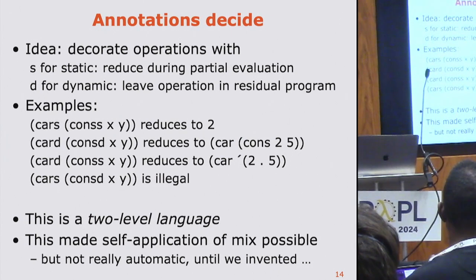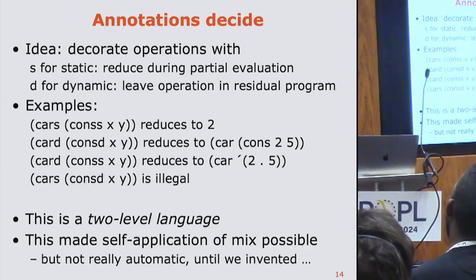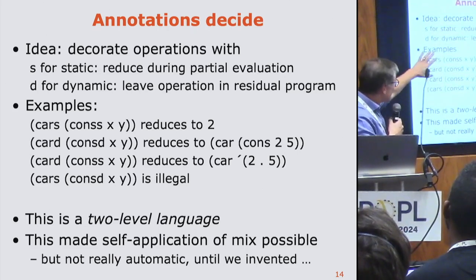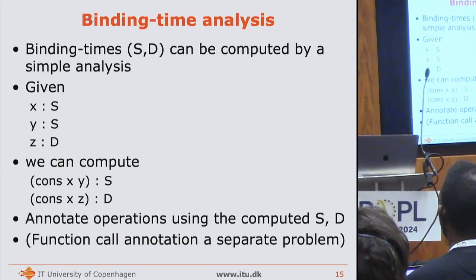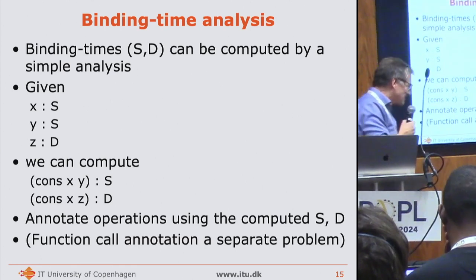And then a 2-level language was invented here, and that made self-application possible, and I'll try to explain why in a moment. The first thing was that this was cheating, because we were helping the computer too much, so of course we wanted to automate this, and so we invented binding time analysis, and this wasn't foreign to Neil at all either.